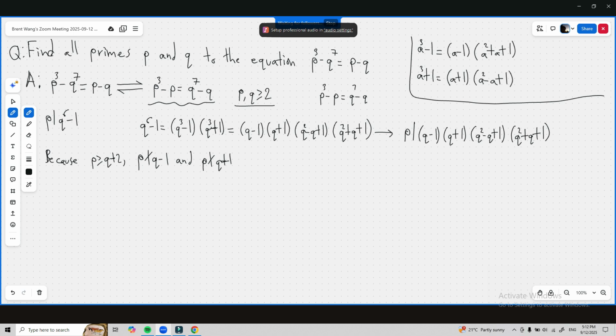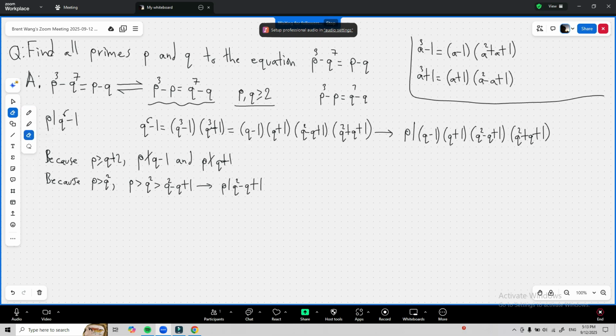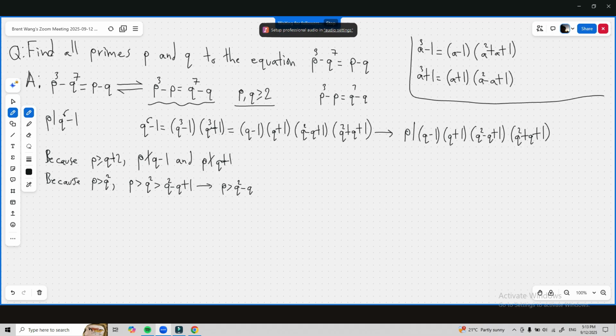Also, because P is greater than Q squared, as seen earlier, and because Q is at least 2, Q squared is greater than Q squared minus Q plus 1, which implies that P is greater than Q squared minus Q plus 1.